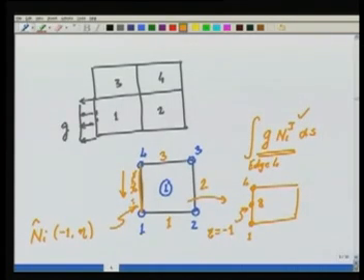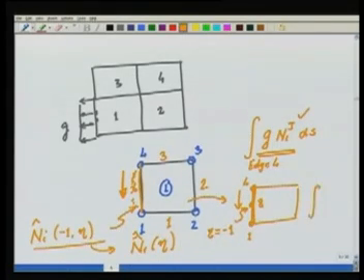Here I am left with these functions of eta, which I will call Ni double hat of eta. So I map it to this master edge. On the master edge I find that this is a function of eta. Now we simply do the integration with respect to eta, but since this direction is downwards, we will have to integrate from eta equal to plus 1 to eta equal to minus 1.